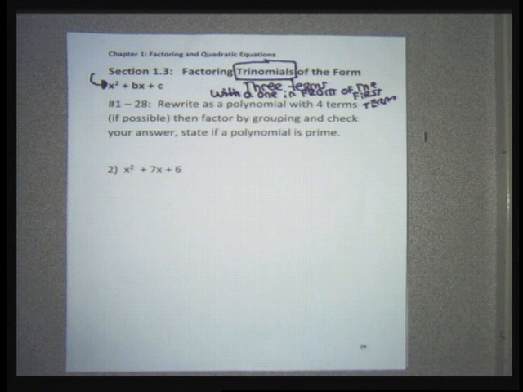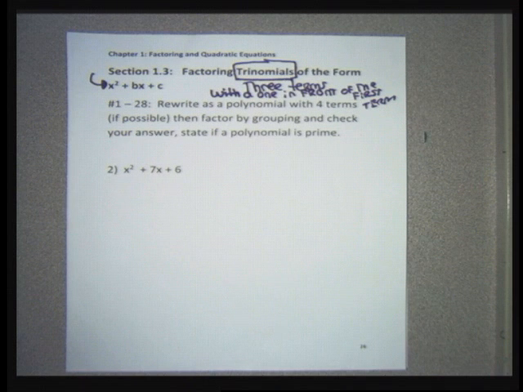And so I'll start off doing the method that I think is slower and maybe not the method that most students will pick to do these problems, factoring trinomials with either a 1 or not a 1 in front of the first term. And then I'll show the way that most students will wind up using.